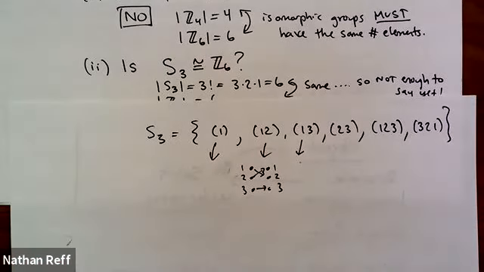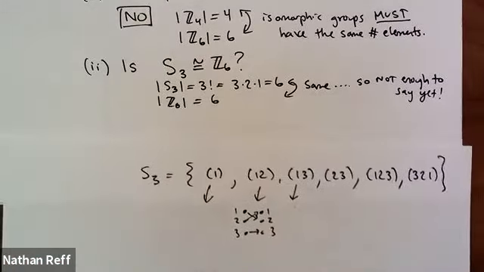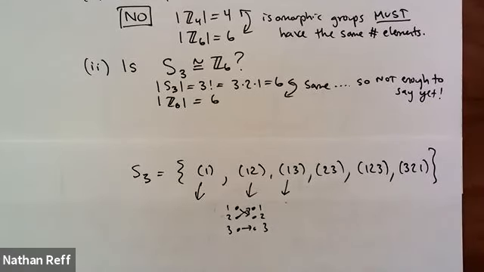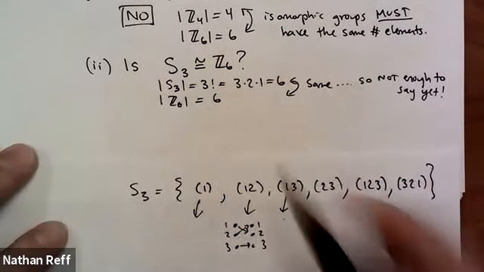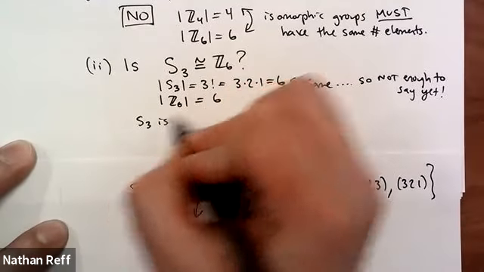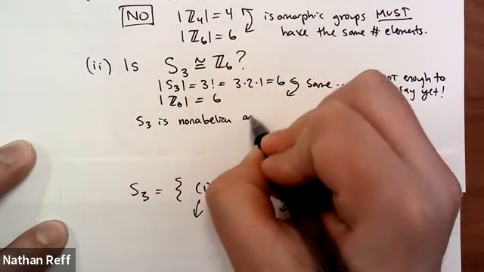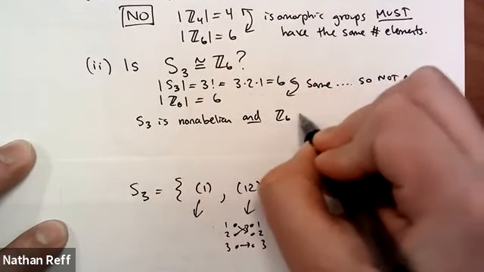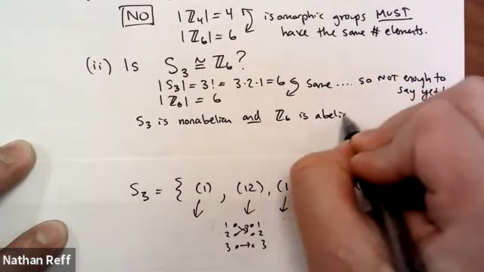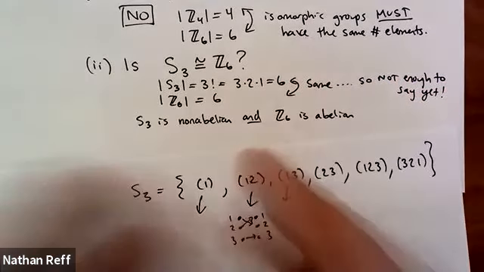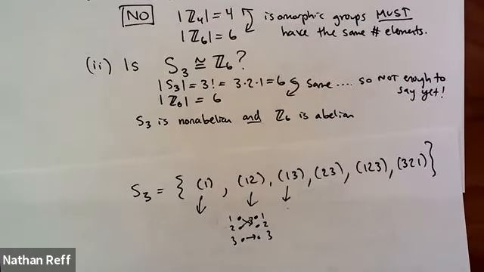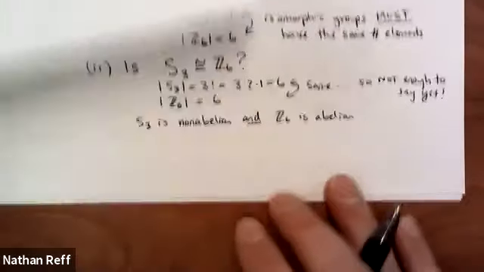Well, we know those aren't abelian. You proved that in homework; that was a homework question. So S3 is non-abelian, and Z6 is abelian. That is a property that one has that the other one doesn't have, therefore they cannot be isomorphic.